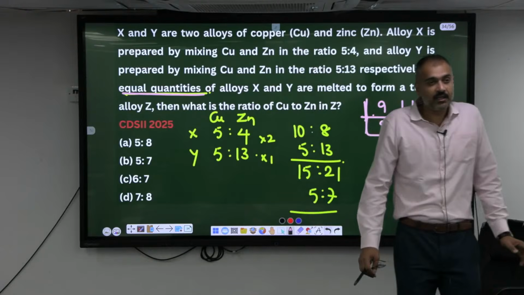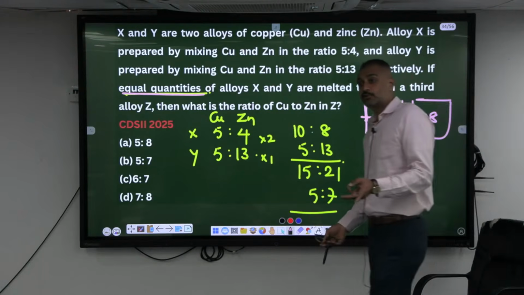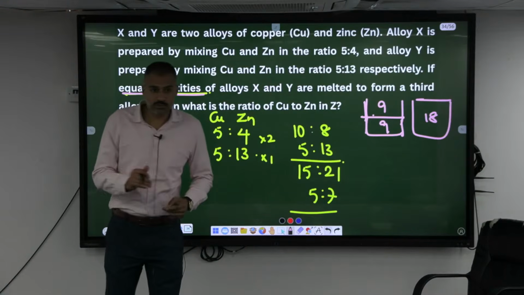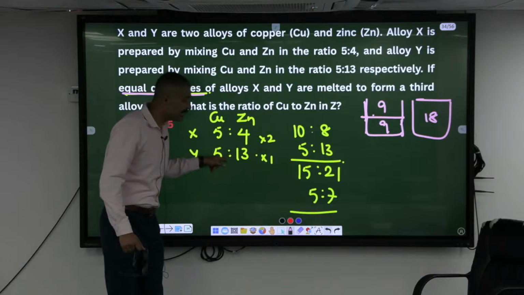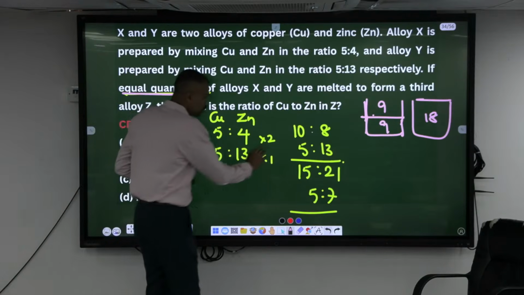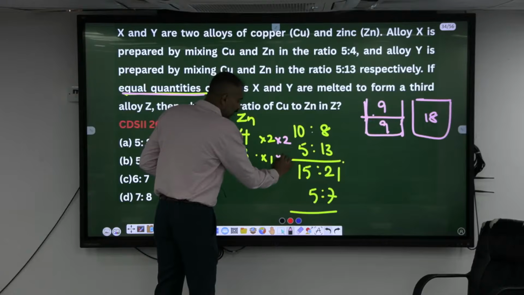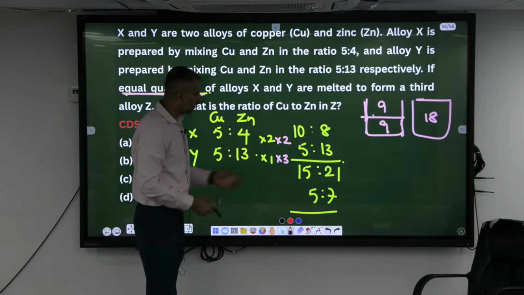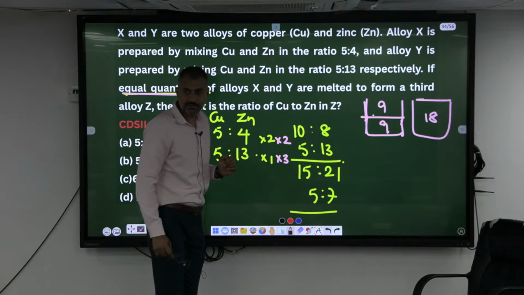If he is asking, you mix in the ratio 2:3. Okay, mix them in the ratio 2:3. What we have done is we made them equal, but he is asking us to mix them in the ratio 2:3, means I have to multiply this by 2, this by 3. That's it. Okay. Again you add the copper and copper, zinc and zinc.